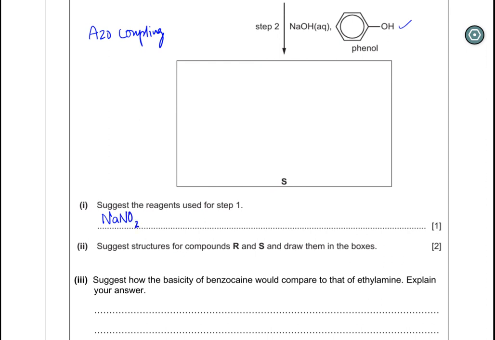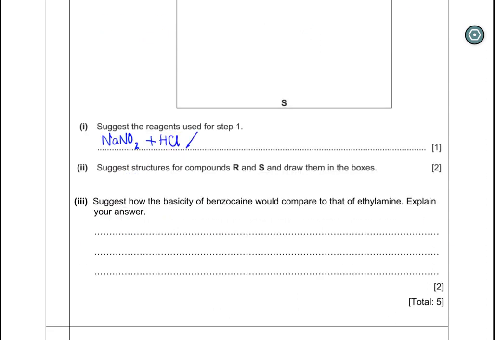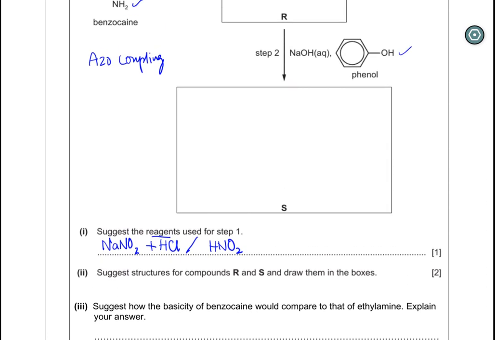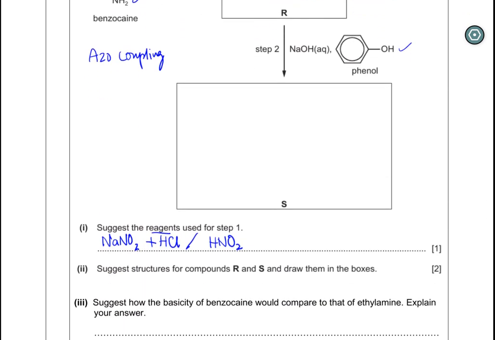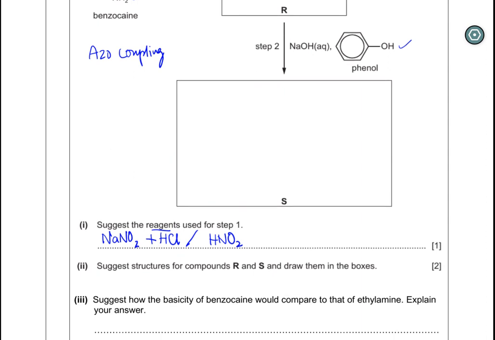Or you can use the raw reagent, which is sodium nitrite plus HCl. The mark scheme also accepts nitrous acid directly. They just need the reagent. If they need the condition, you have to mention the temperature as below 10 degrees Celsius.